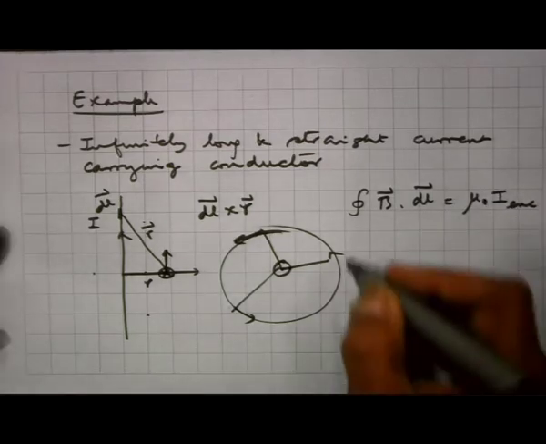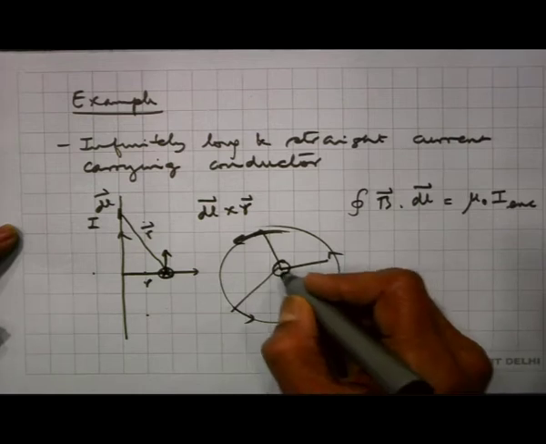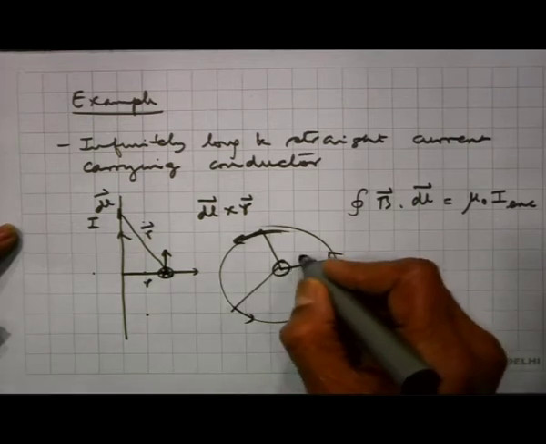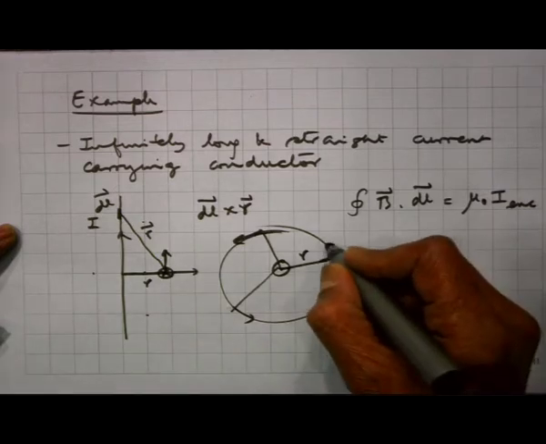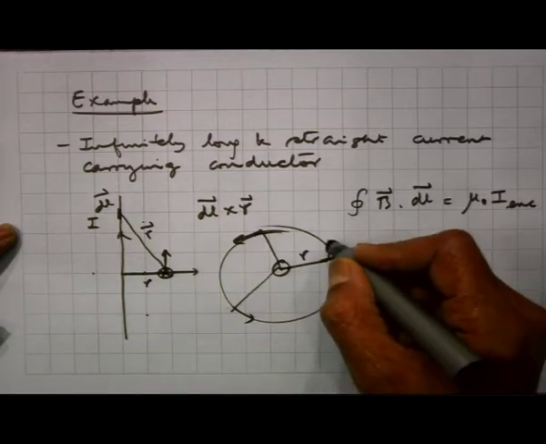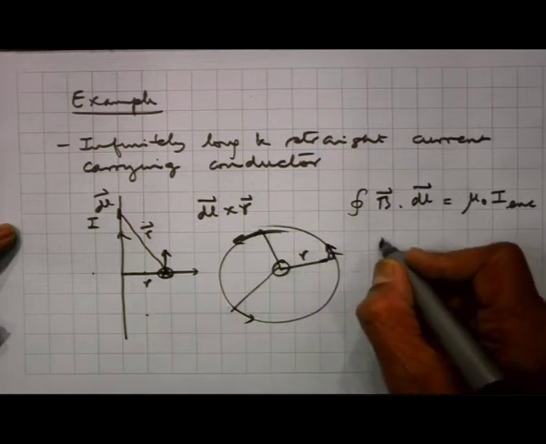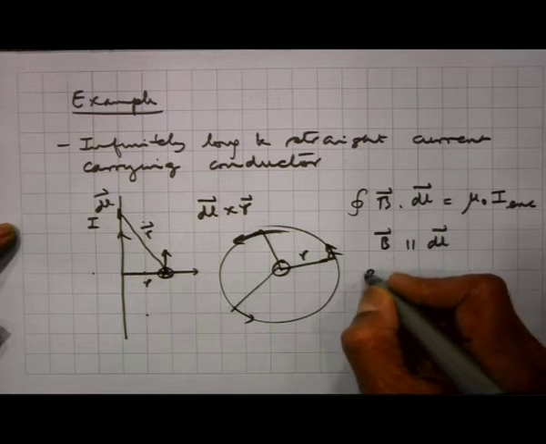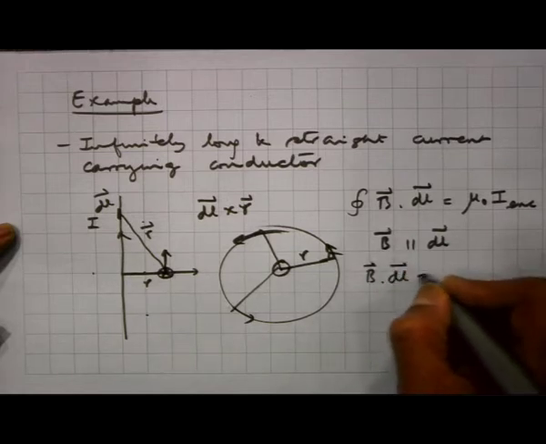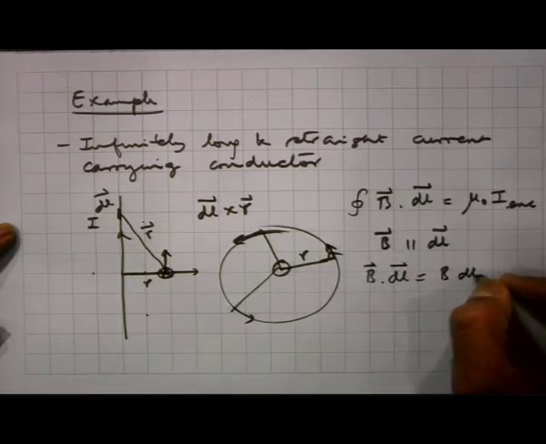So, I take a circular path around this wire with the wire at the center, at a distance r. Remember, at every point dl is like this and B is also like this. So, at any point B is parallel to the dl vector, and B dot dl is nothing but B dl.